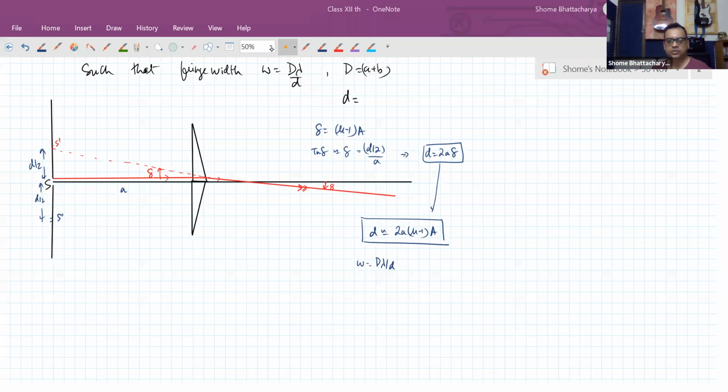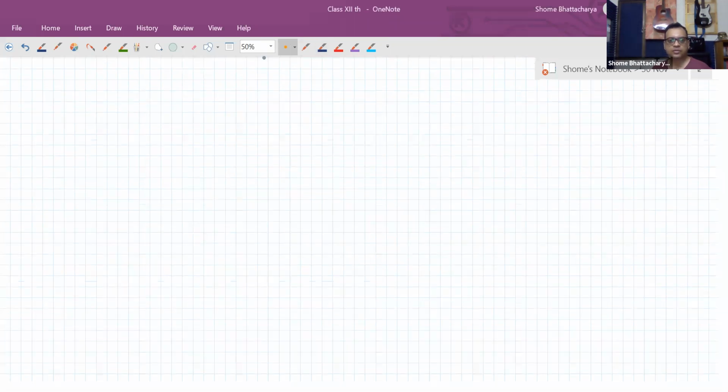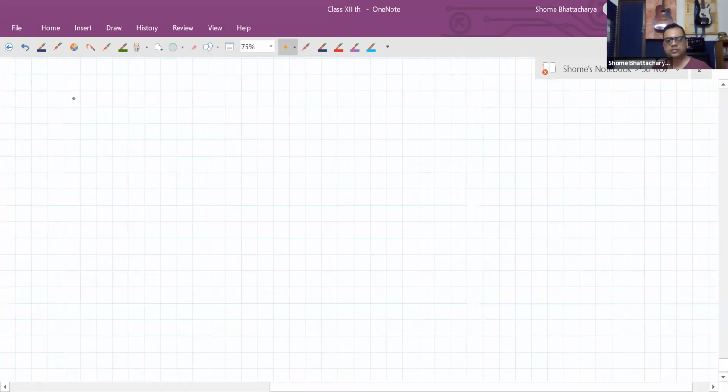Now, one more thing which you would have noticed in questions also is single slit diffraction. We've discussed single slit diffraction earlier. Now there's a variation of that where you have diffraction through a circular aperture.